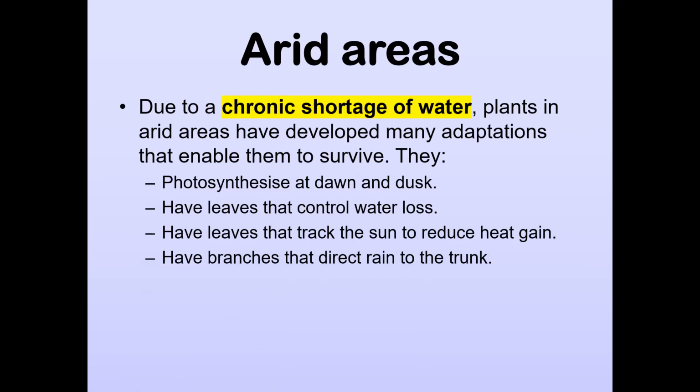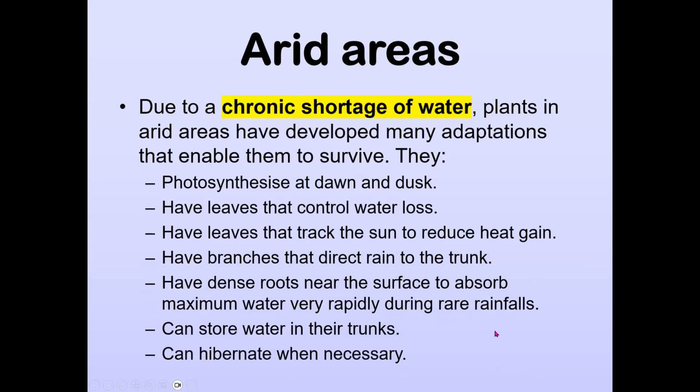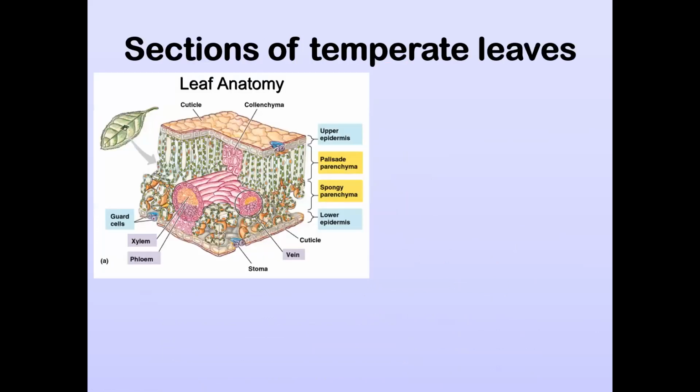I'll give you more detail shortly. And these ones here have very dense roots near the surface, near the trunk, and every drop of water is absorbed. They can store water in their trunks. They can hibernate if necessary.